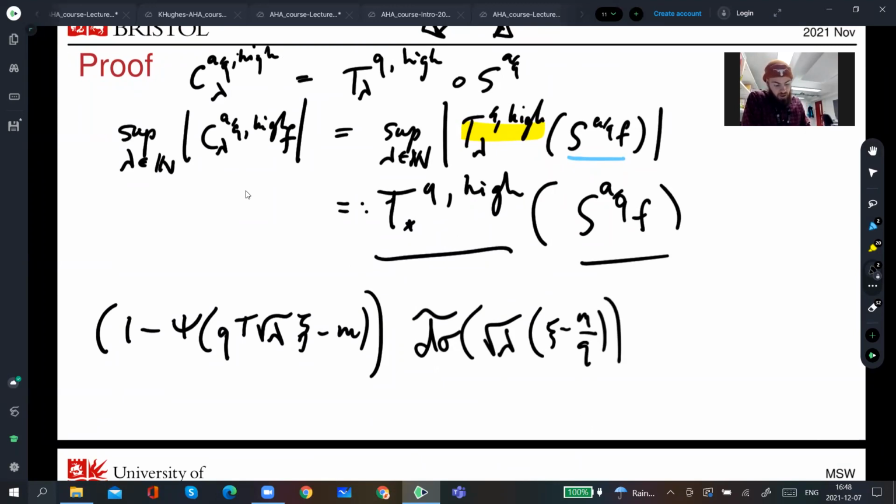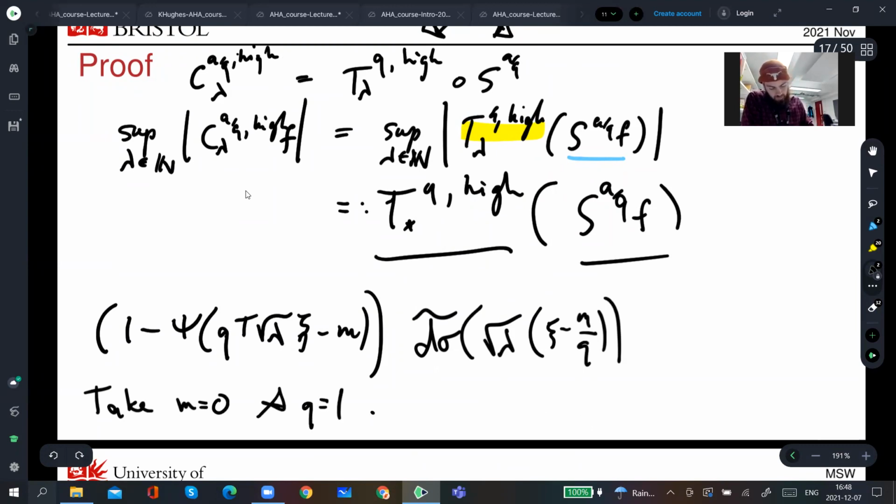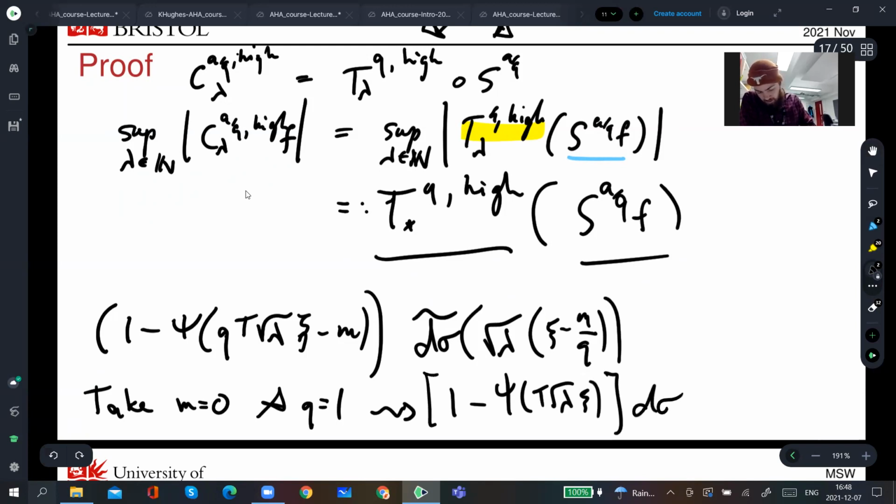If you didn't have m over q, so if you were to take m equal to 0 and q equal to 1, you get 1 minus psi of t root lambda c, all times the Fourier transform of the surface measure on the unit sphere, root lambda c.